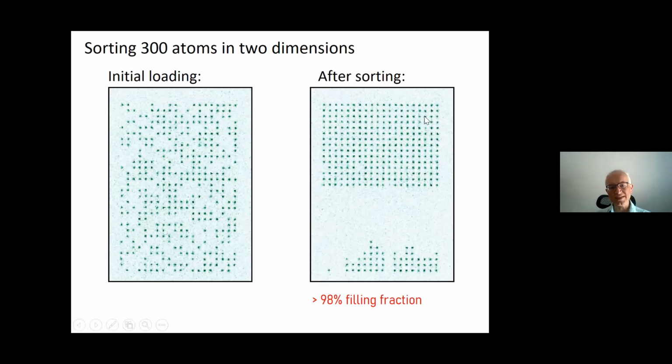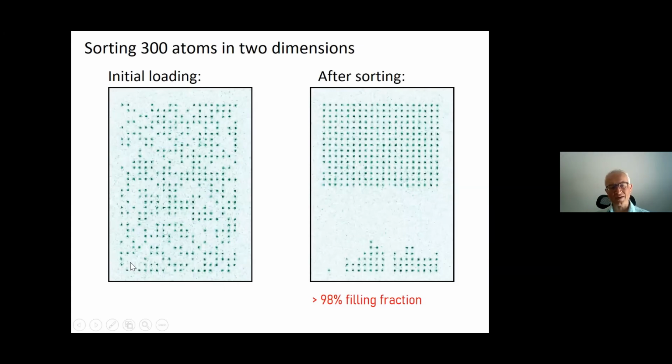So what we do is we have a stationary pattern of traps that we make by a spatial light modulator, and then we have an acousto-optic deflector that moves the atoms in the vertical direction.